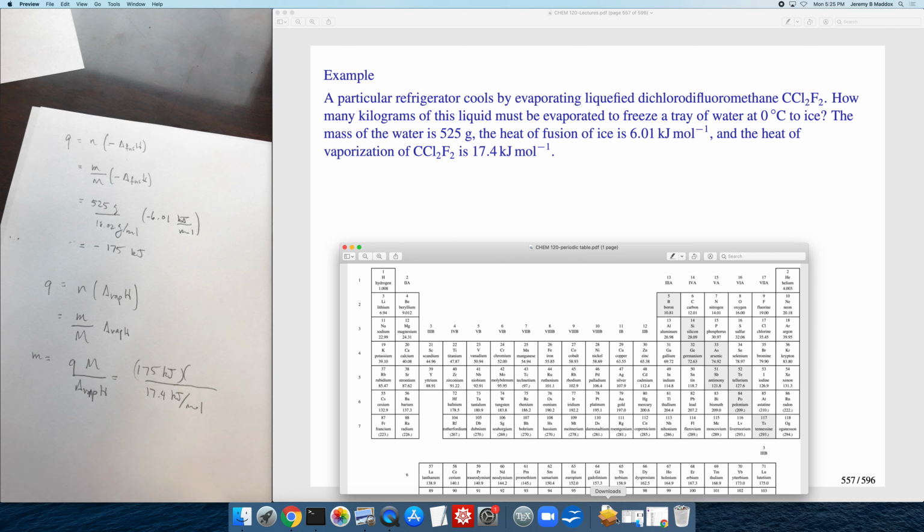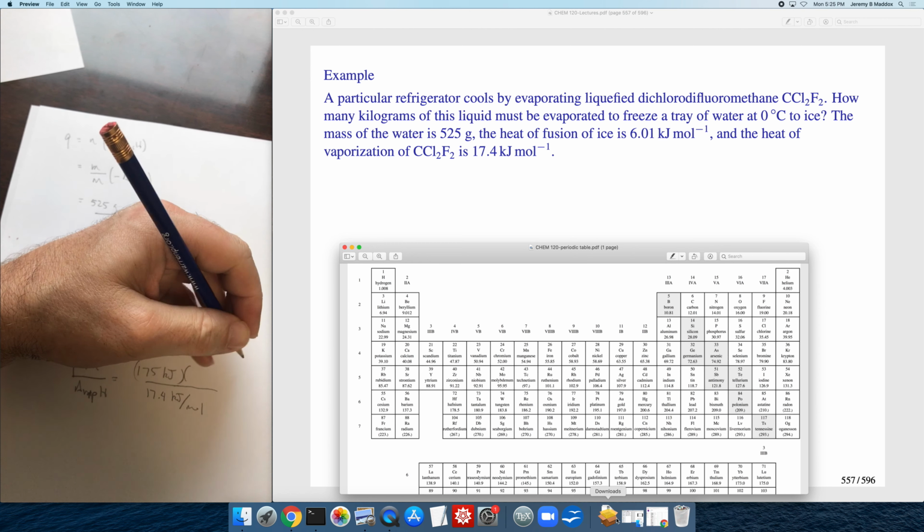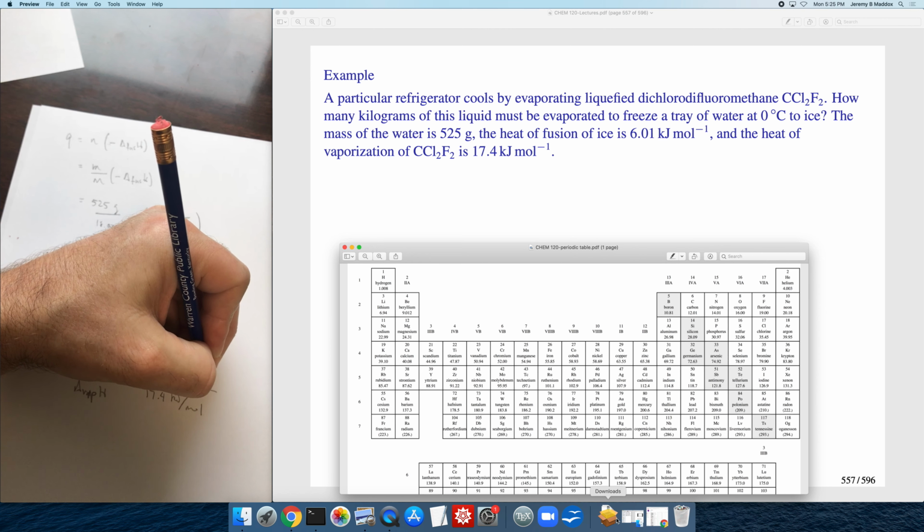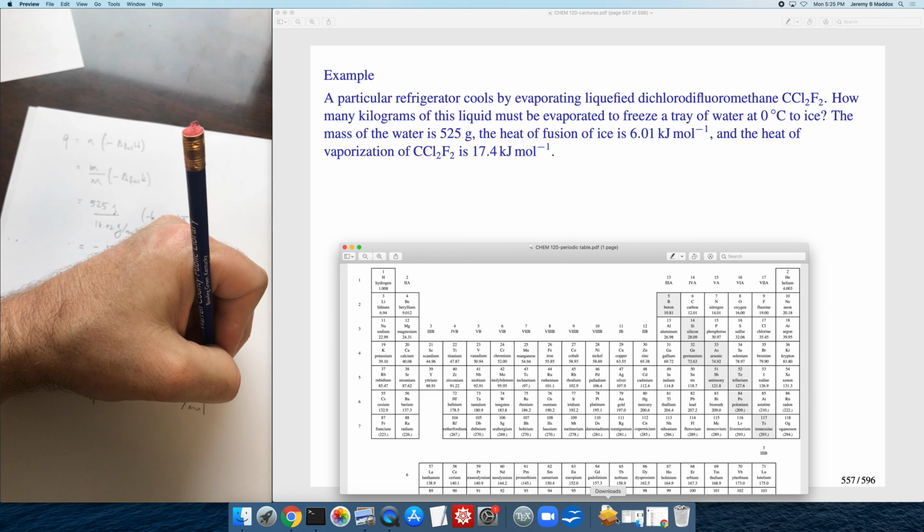So we've got 19 for fluorine times 2 plus 2 times 35.45 plus 12.01. So I'm getting 120.9 grams per mole for the molar mass.